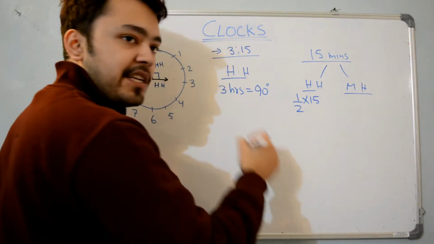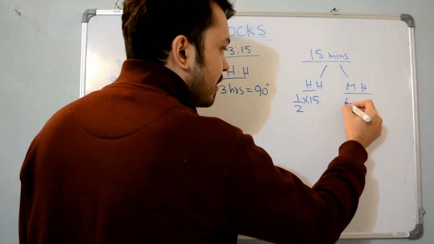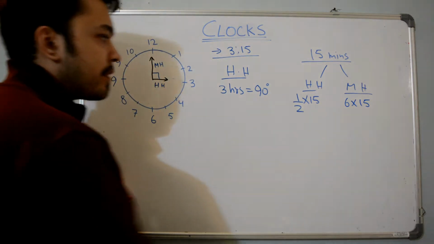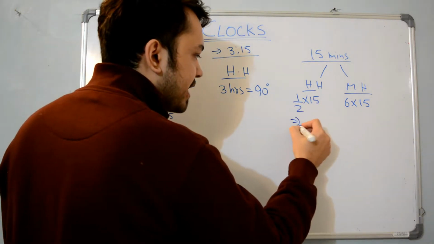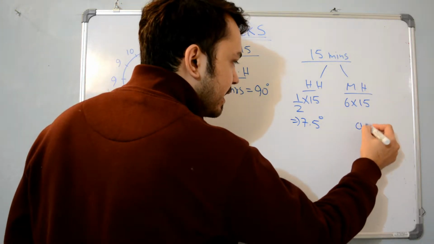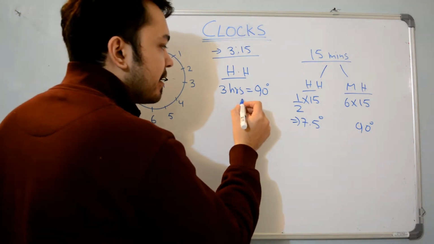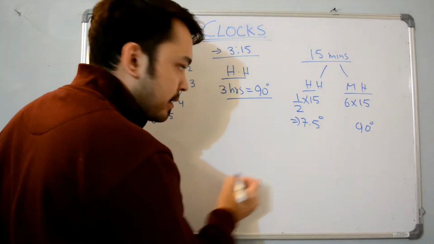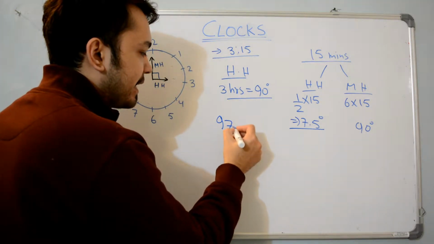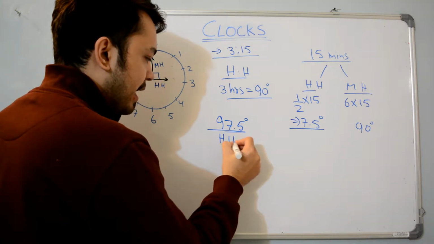Minute hand covers 6 degrees in 1 minute. So in 15 minutes, how much will it cover? 6 into 15, that is 90 degrees. So the total angle moved by the hour hand is how much? 90 plus 7.5, which gives my answer to be 97.5 degrees, which is moved by the hour hand.